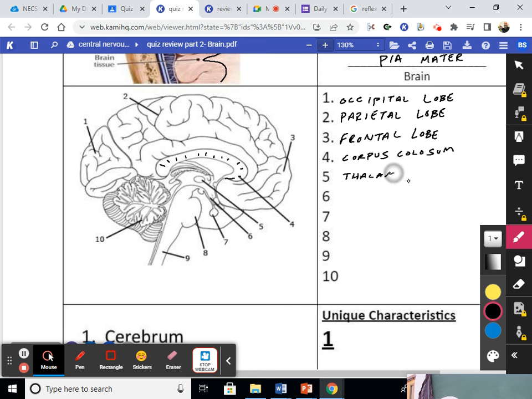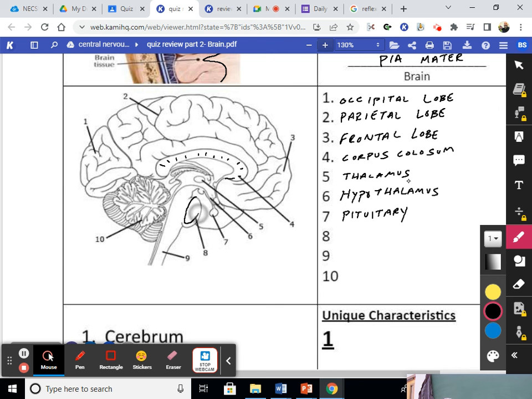That's the relay center for all incoming sensory information. Underneath that, makes sense, we would have the hypo. That means under. The hypothalamus, and that's the control center for homeostasis. We have the pituitary out in front of that.